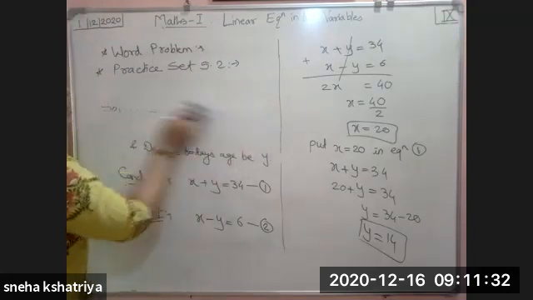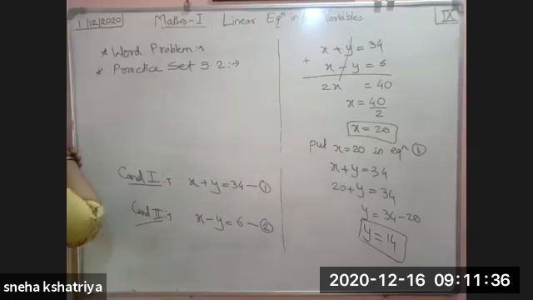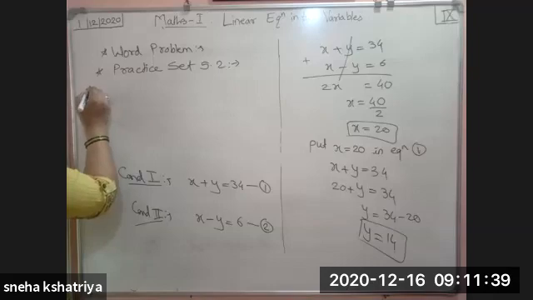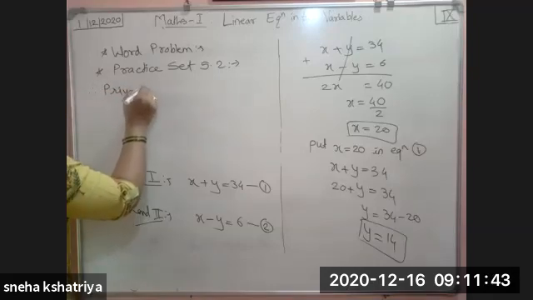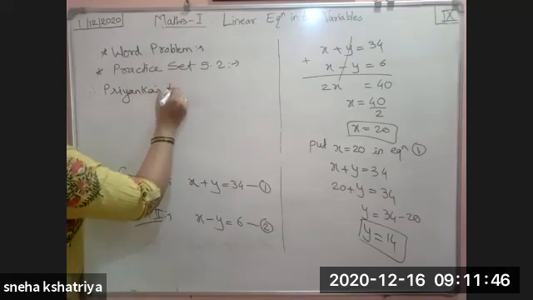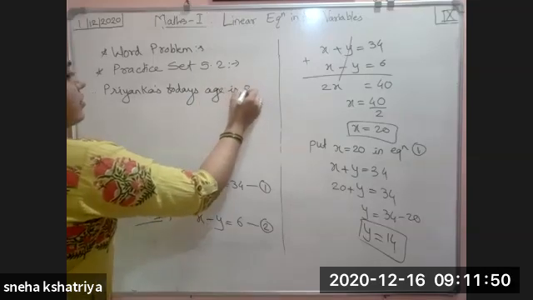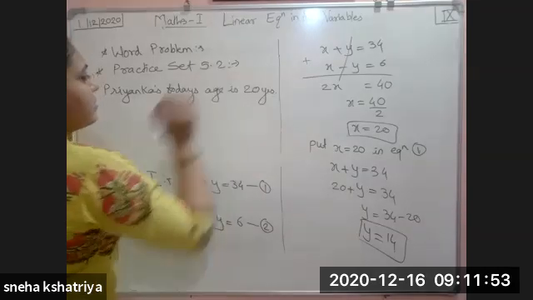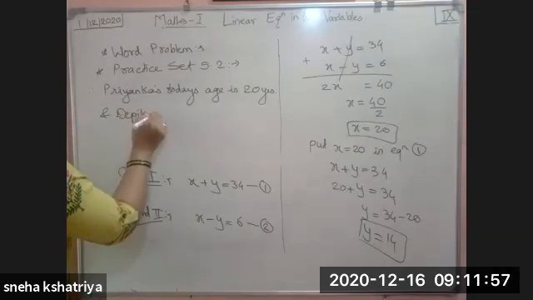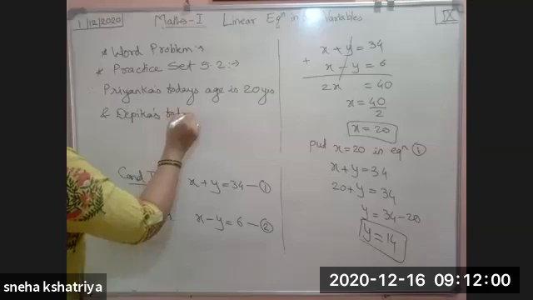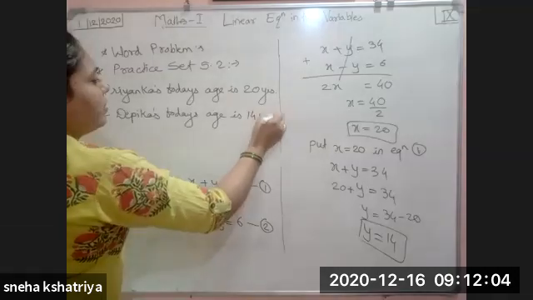I will rub this one and write down the last answer. Therefore, Priyanka's today's age is 20 years and Deepika's today's age is 14 years.